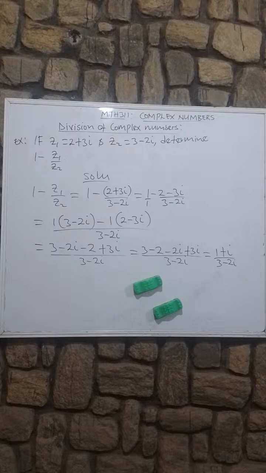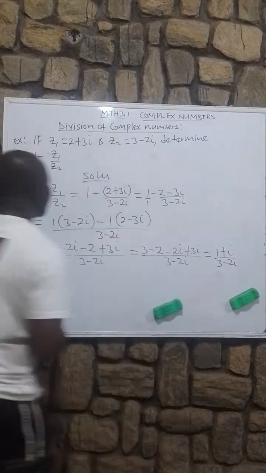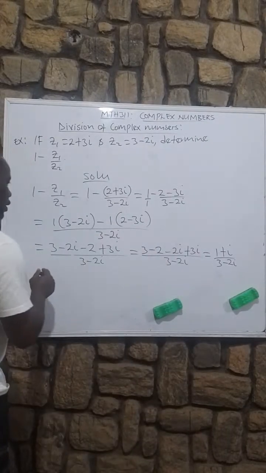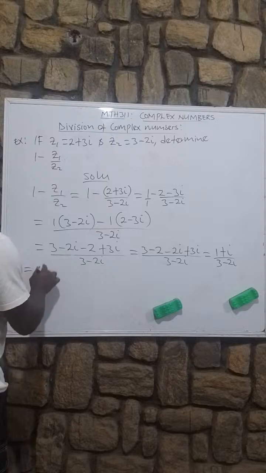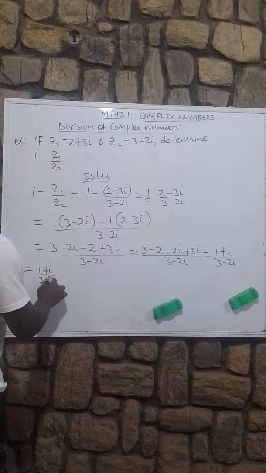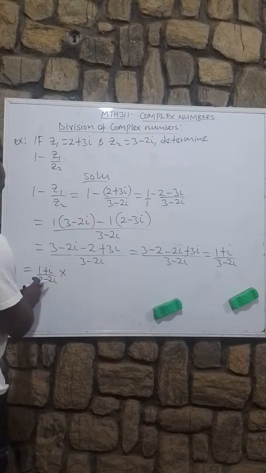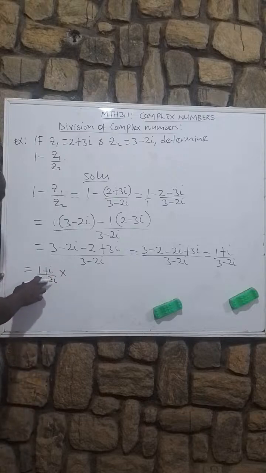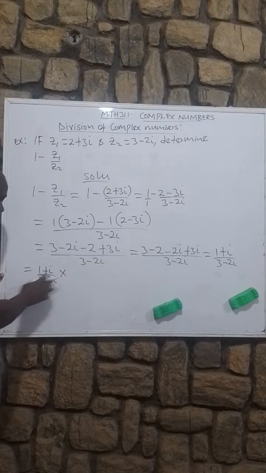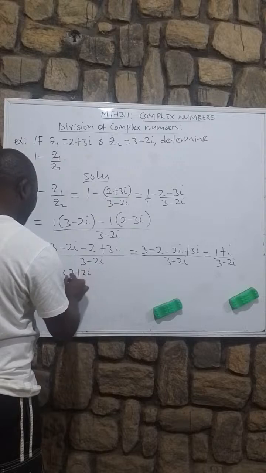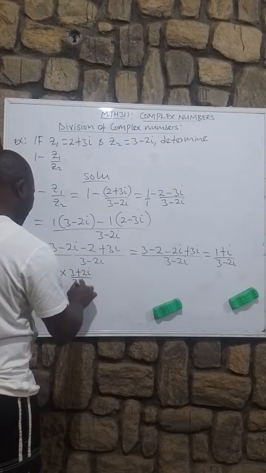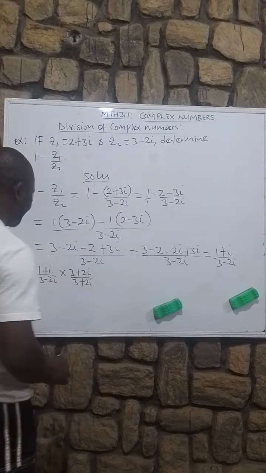So we have to conjugate. So let us conjugate this problem. Okay. So this will now be equals to 1 plus i all over 3 minus 2i times, you can now see that this is minus, so we'll turn into what? Plus 2i all over 3 plus 2i.